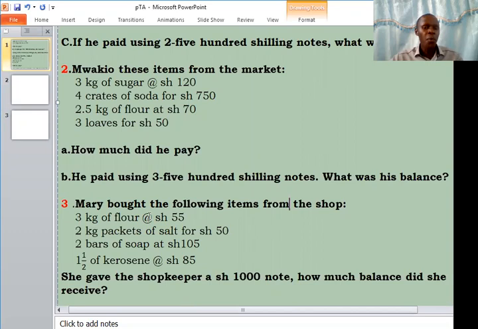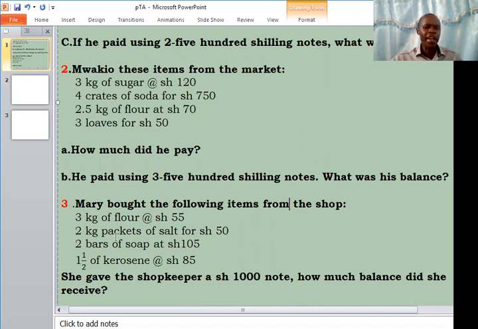We are going to multiply, because we said earlier, at, you have to multiply. You get the total items bought multiplied by the price per item. That means 3 times 55. You will get the total cost for flour.